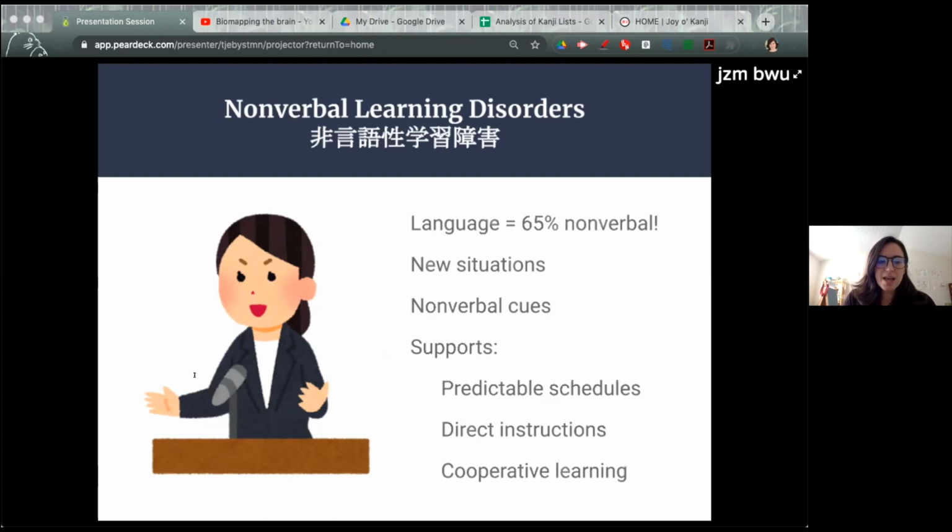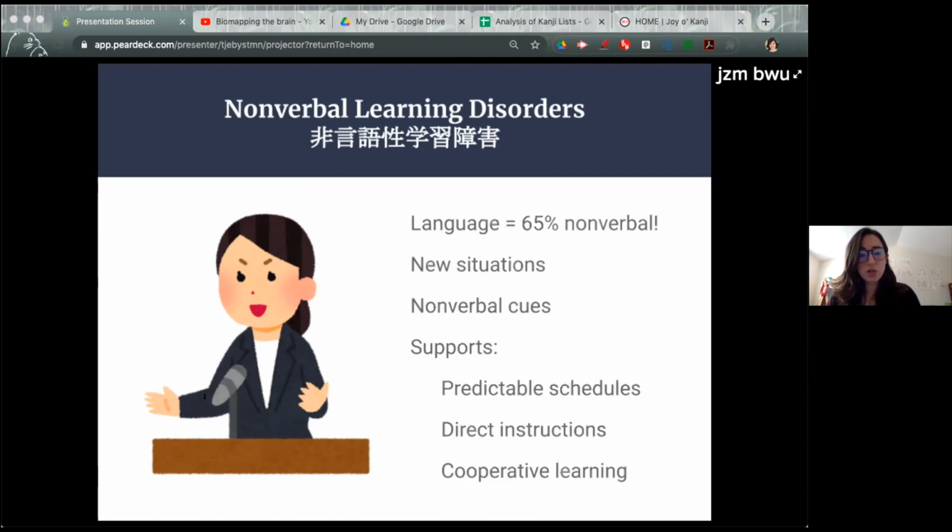So students with nonverbal learning disorders have significant trouble adapting to new situations. They have trouble noticing and reacting appropriately to nonverbal cues. And in some cases, this is something that develops later in life because of minor brain injuries.